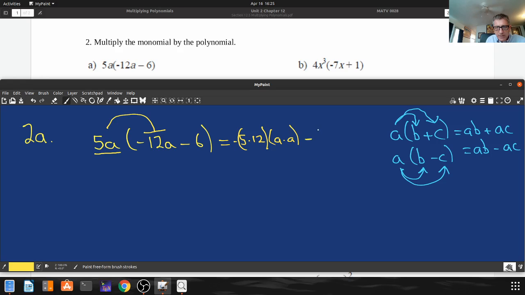So that's minus 6 times 5 times a. So minus 5 times 12 is minus 60. A times a is a squared. And minus 6 times 5 is minus 30a. So minus 60a squared minus 30a.